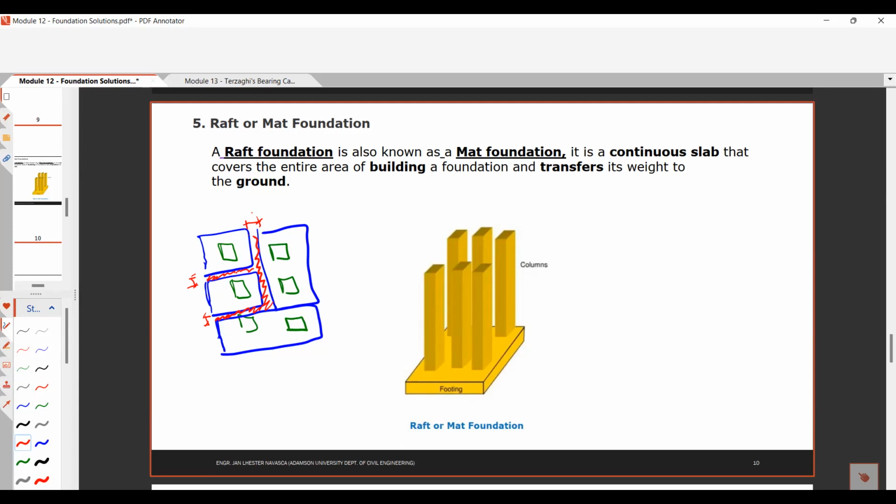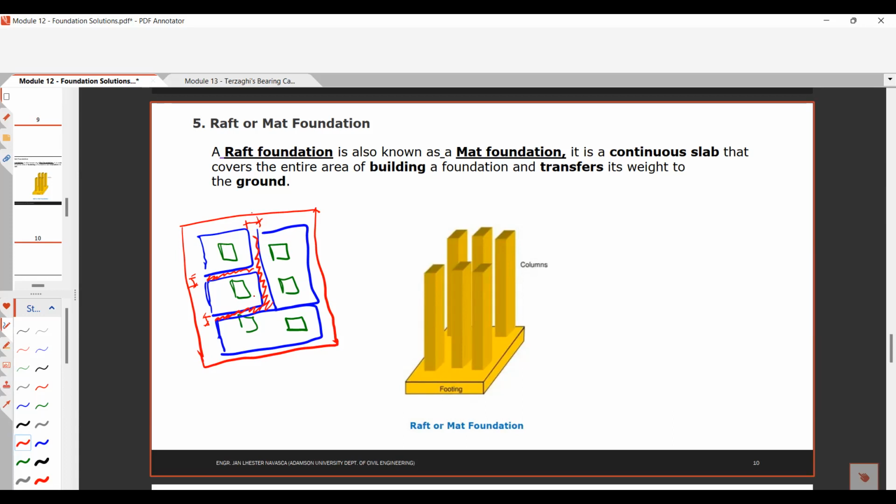Okay? Then the solution is, what if lahat sila ipagsama ko na sila sa isang foundation? So i-combine ko sila sa lahat ng foundation. So the solution is, let's say, what if these 6 columns are rested under one single footing, or one slab na footing, like this one area na footing.